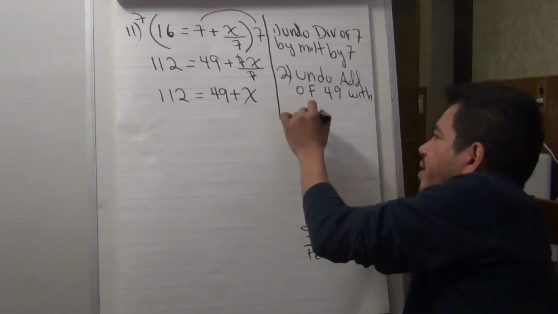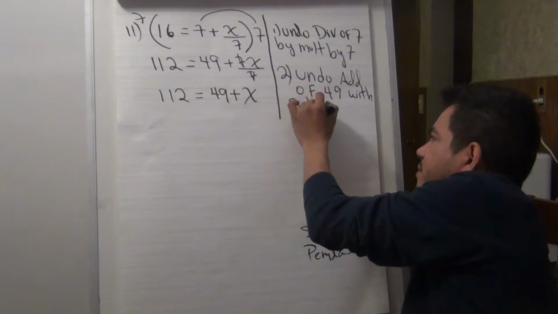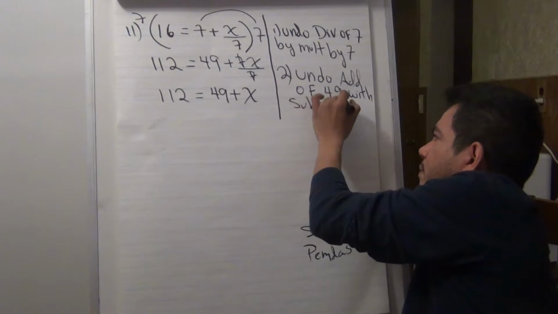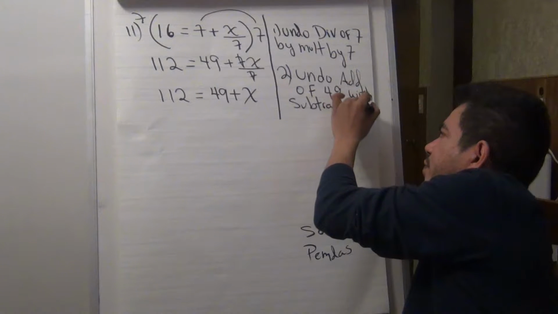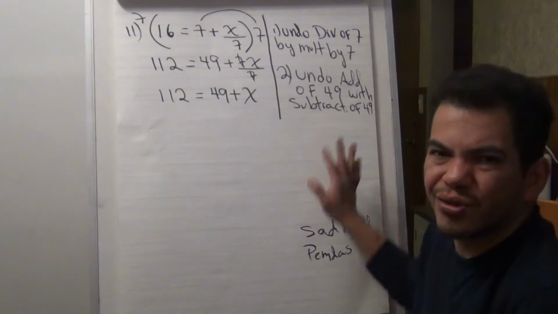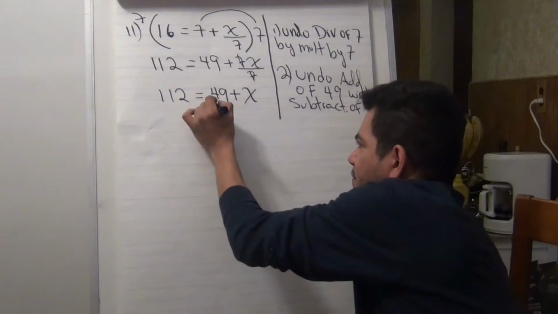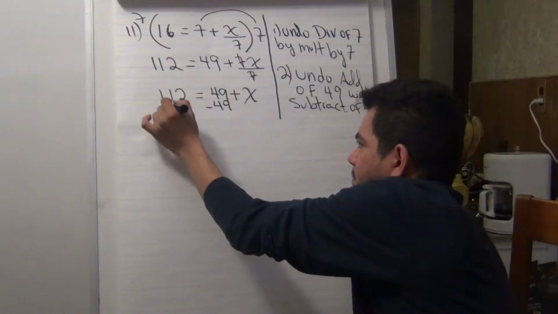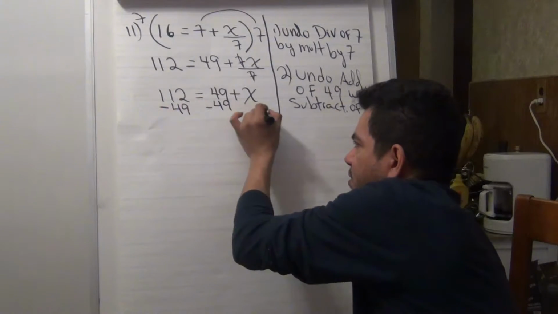I'm gonna undo it with subtraction of 49. Yeah, I know, I write ugly, but you'll understand. So I'm gonna subtract 49 from both sides, because what you do to one side, you gotta do to the other.